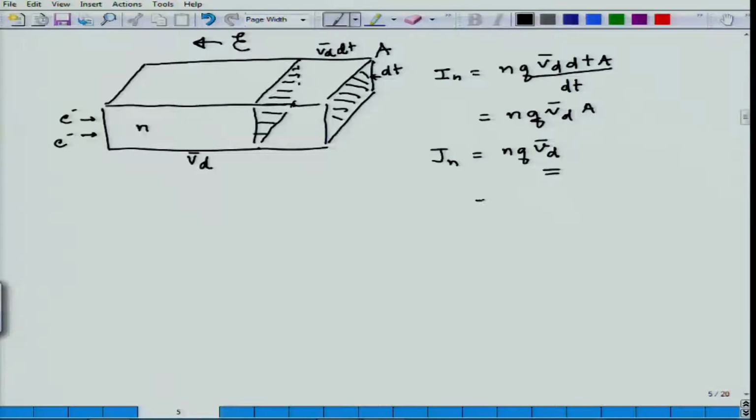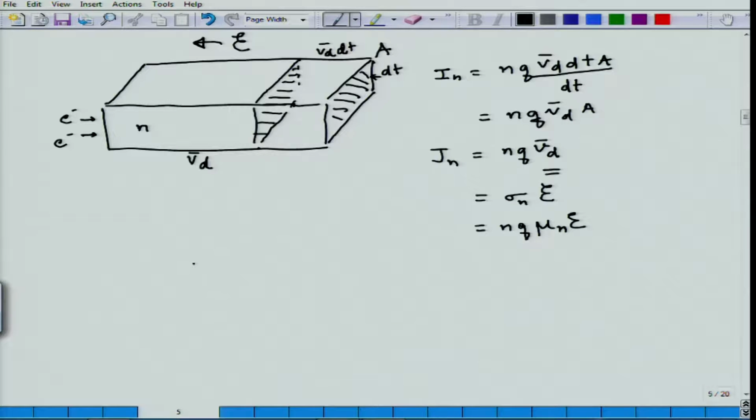This discussion is further developed by equating this current density to conductivity due to electrons multiplied by the electric field which is applied. If I take that equation, then this will be n q times mobility of electrons times E field.